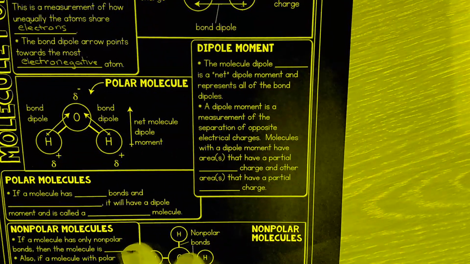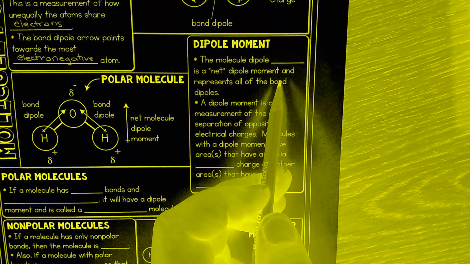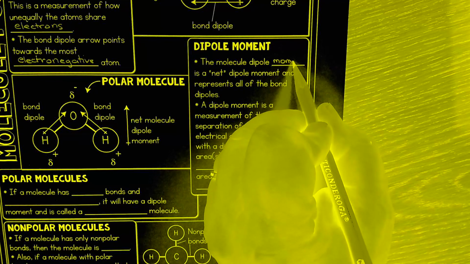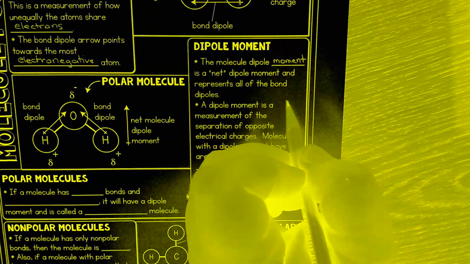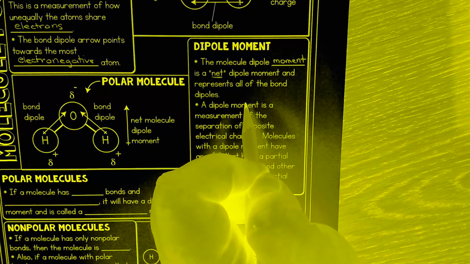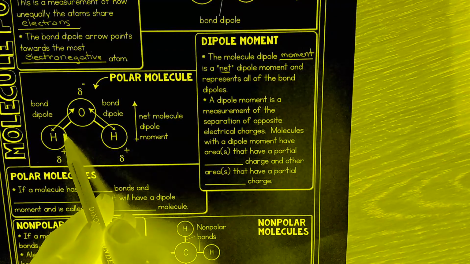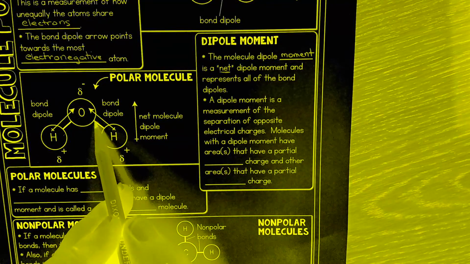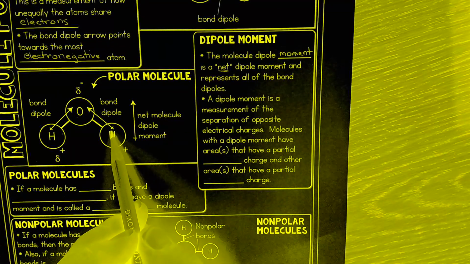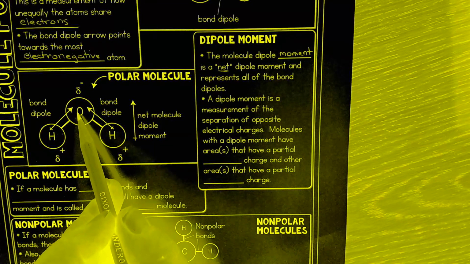You might also hear or read the term dipole moment. The dipole moment of a molecule is the net dipole moment of all of the bonds. So if there's more than one bond, like here in water, there's a bond between this hydrogen and oxygen and one between this hydrogen and oxygen. And you can see both the dipoles point to the oxygen.